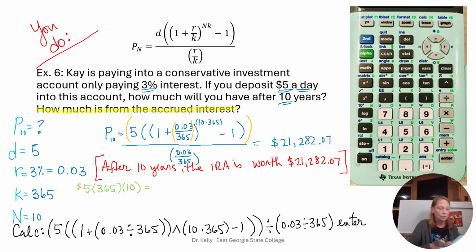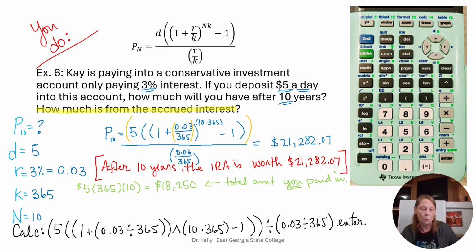And let me crank this in my calculator. I didn't do that part. So when you do that, we have this amount, which is $18,250. This is the total amount you actually paid in. Okay, so remember, to find the interest, we take the total amount we got minus the total amount paid in.